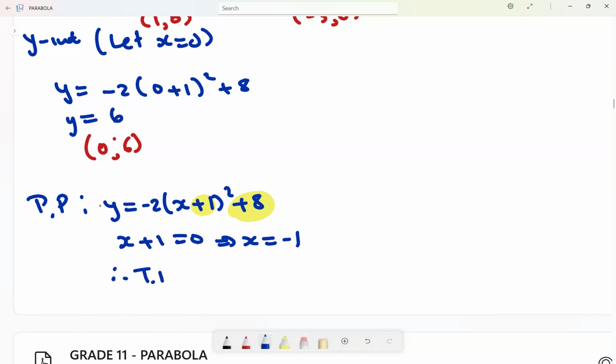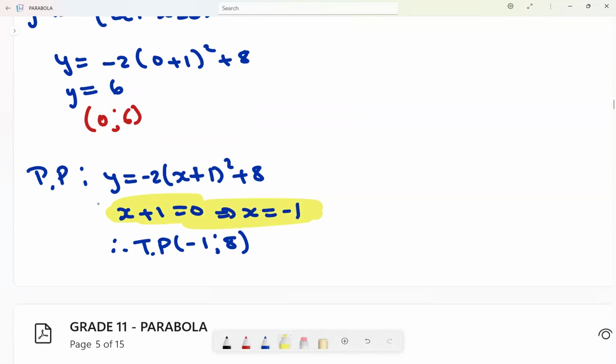Therefore, your turning point is negative 1 and 8. If x is positive here, when it goes to the turning point, it changes the sign. It becomes negative 1 and 8. But in case you forgot, or you do not like to memorize, just understand this.